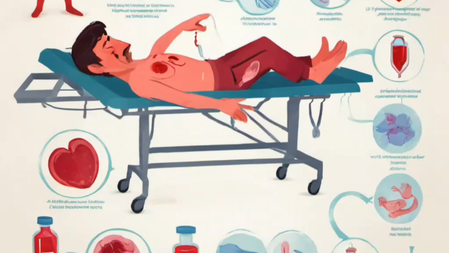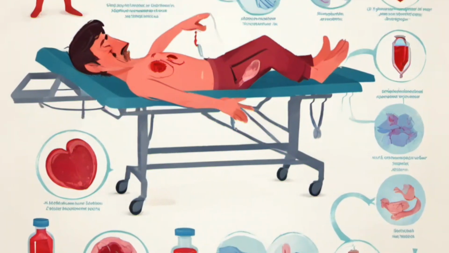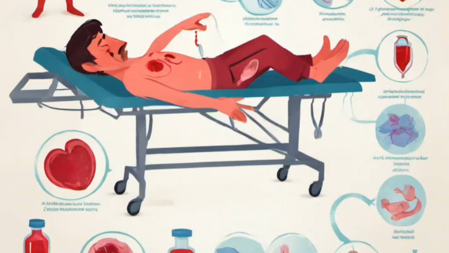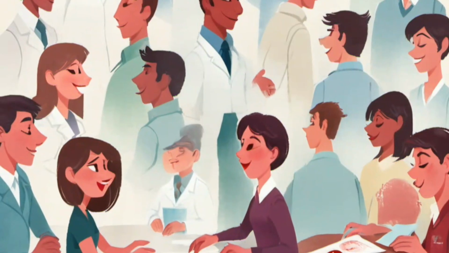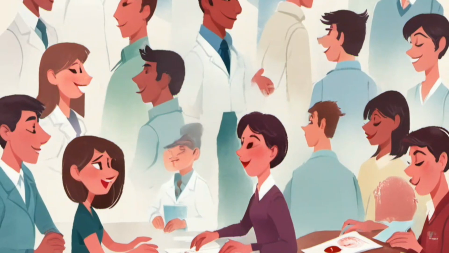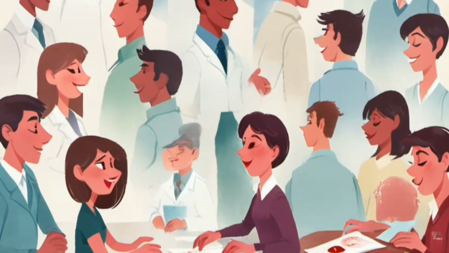Donor selection and blood compatibility. Ensuring the safety of blood transfusion relies heavily on selecting suitable donors and matching blood types to the recipients. Donor selection involves rigorous screening and testing procedures to minimize the risk of adverse reactions. Donor screening. Health assessment.